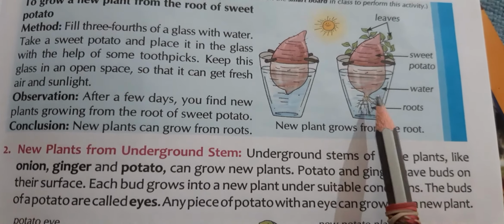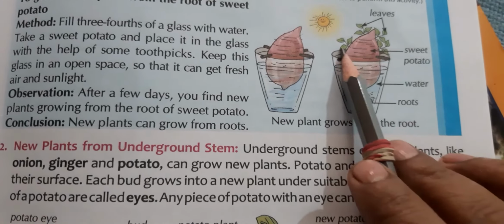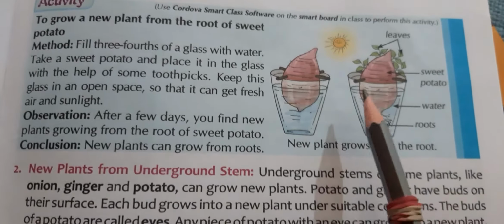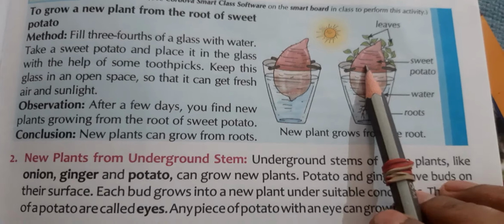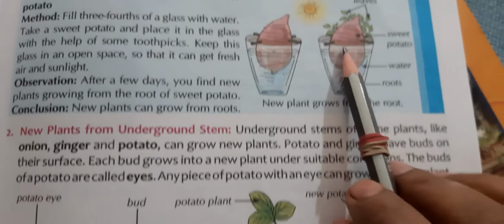After few days you will see that the root starts growing and new plants start germinating from the beetroot. So it is a root, and from the root the new plants start growing. It does not need seed to grow.